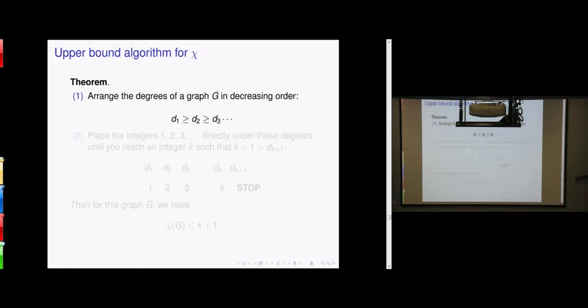The theorem says this. First, arrange the degrees of the graph in decreasing order: D1, D2, D3.